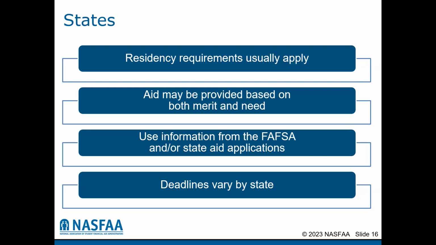States may use the information from the FAFSA and/or state aid applications to determine a student's eligibility. Deadlines for submission of state applications or FAFSA information may vary based on the state.